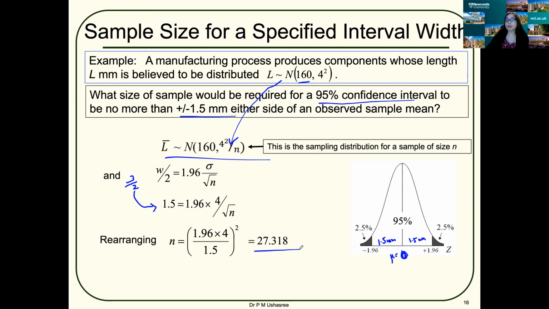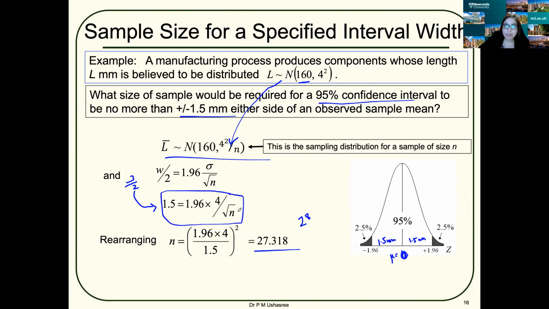Now remember, you can't leave this value just like that, because n is a sample size and sample size can only be an integer. It cannot be a decimal number. So you have to round it, and in this case you will round it up to 28. Why? Look at this formula.